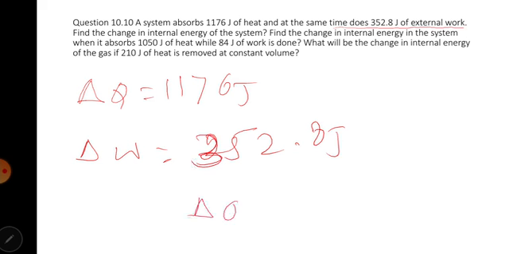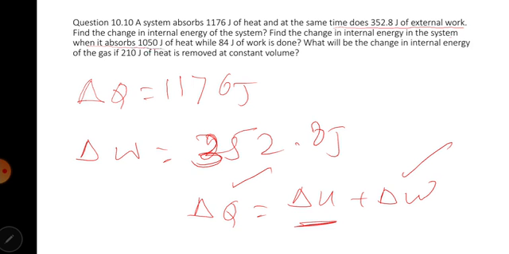So del Q is equal to del U plus W. Del W is given, del Q is given, you can find the value of del U. So do it. Now find the change in the internal energy. You will do it as a home assignment.